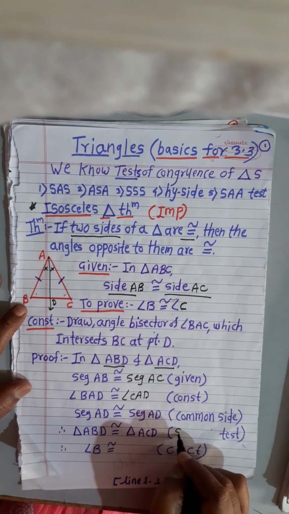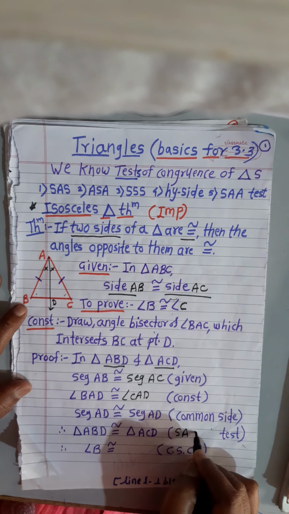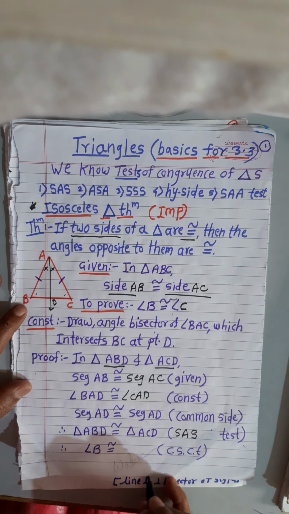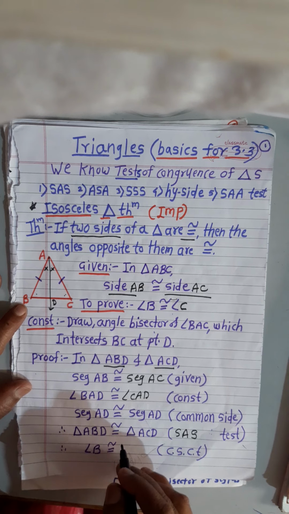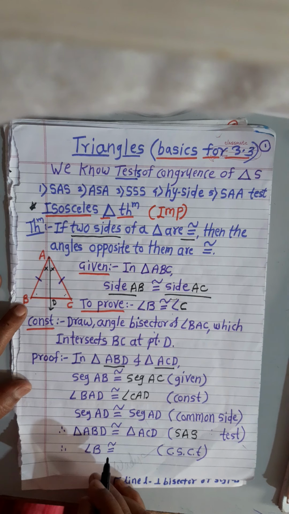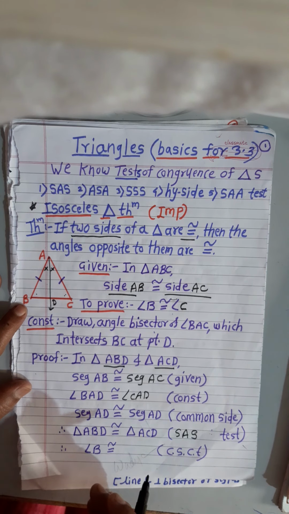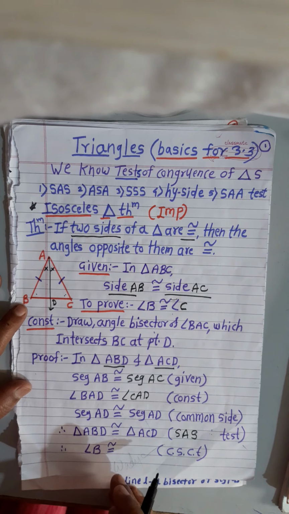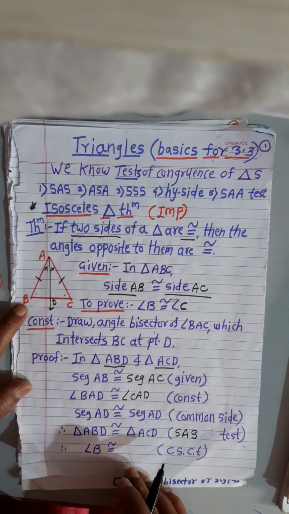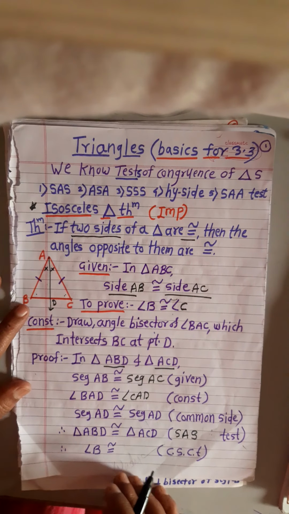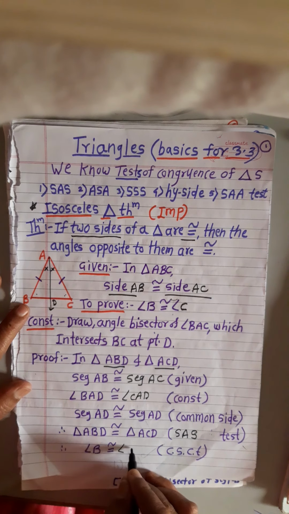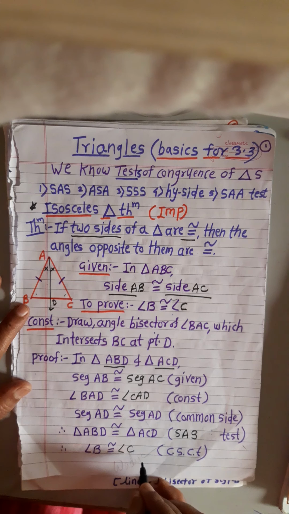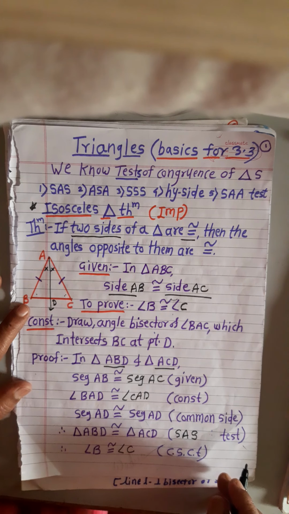If two triangles are congruent, their corresponding elements, that means corresponding sides or corresponding angles, are also congruent, and therefore angle B is congruent to angle C.